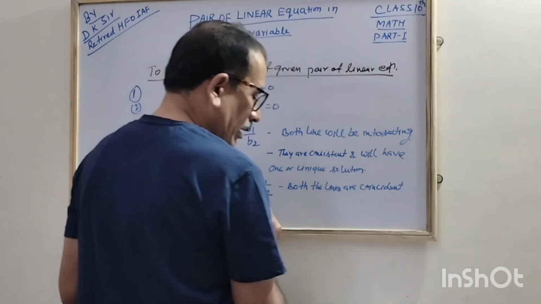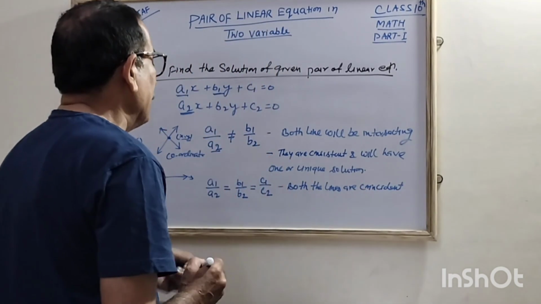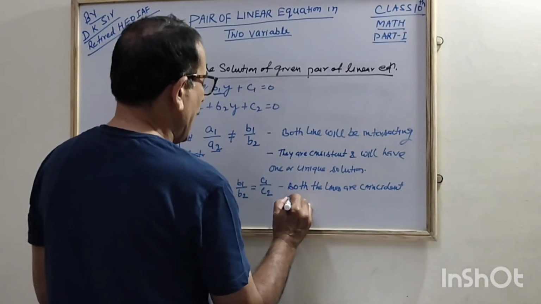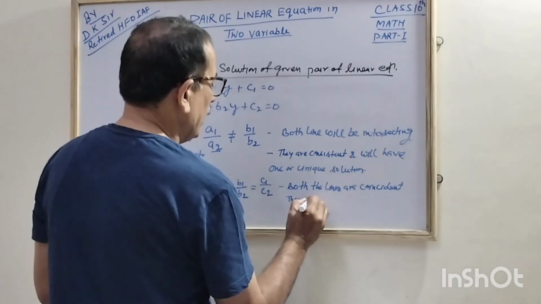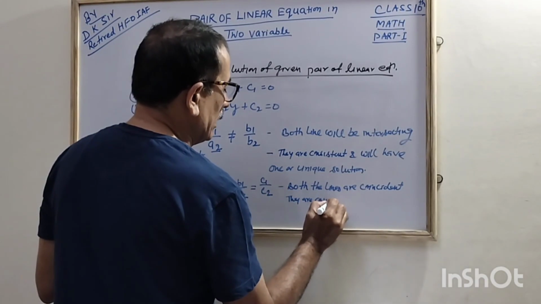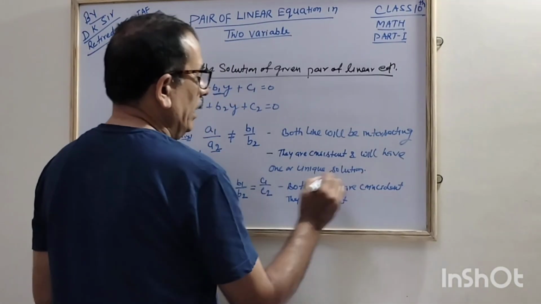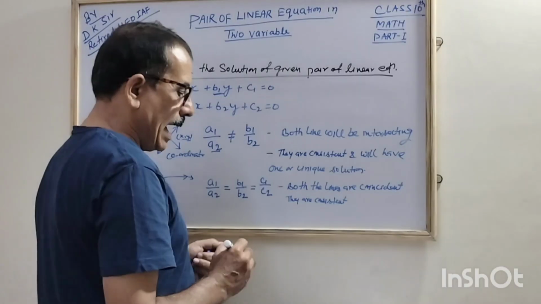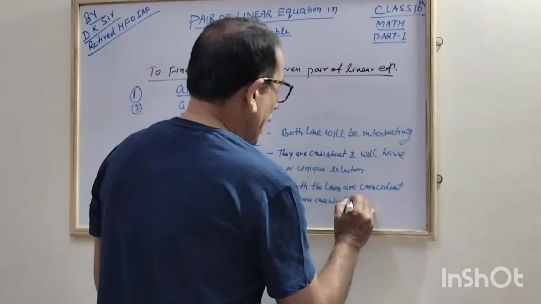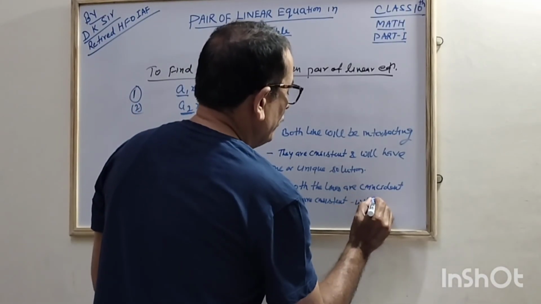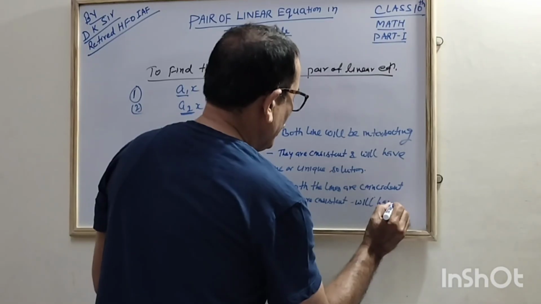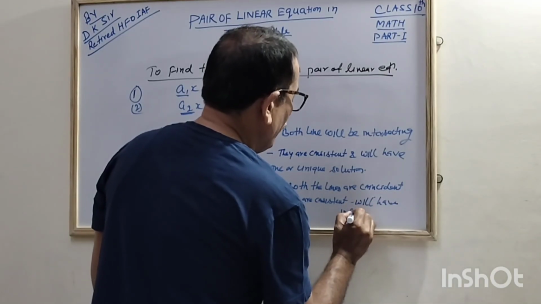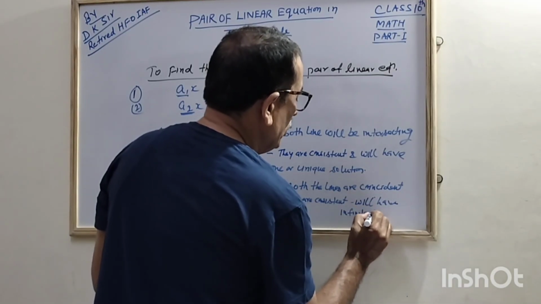Correct? So if both the lines are coincident, then we can say they are consistent. If they coincide and overlap each other, they are consistent and will have infinite solutions.